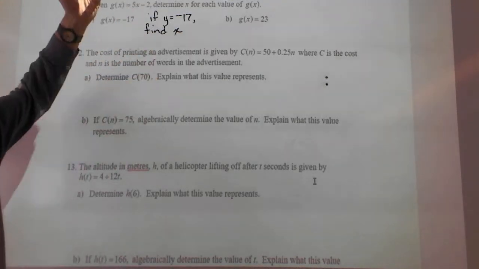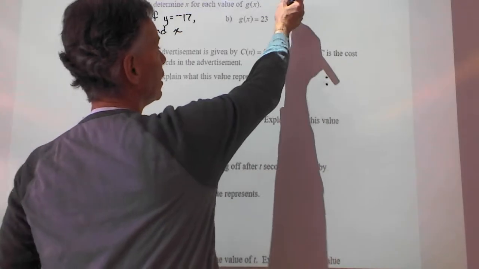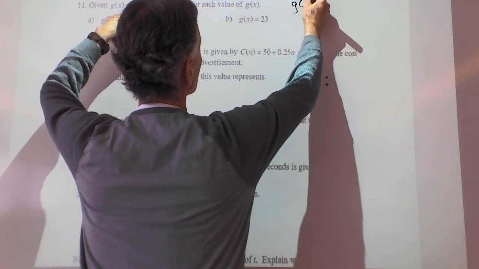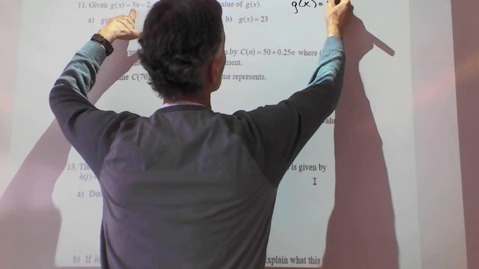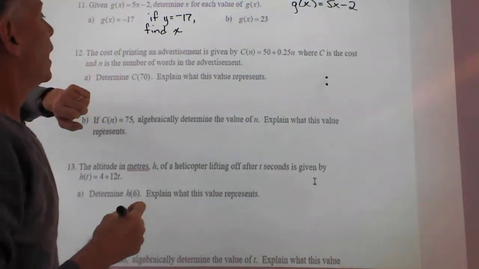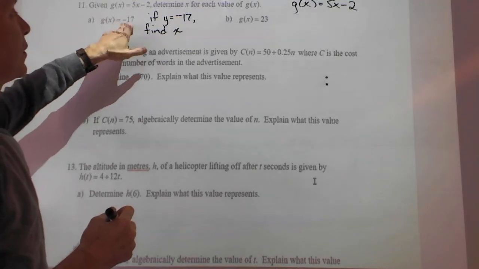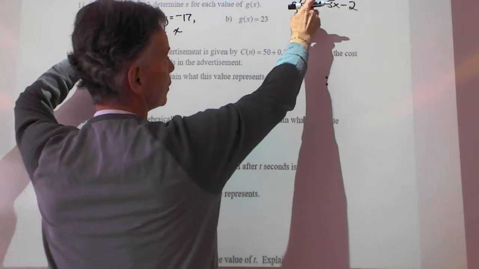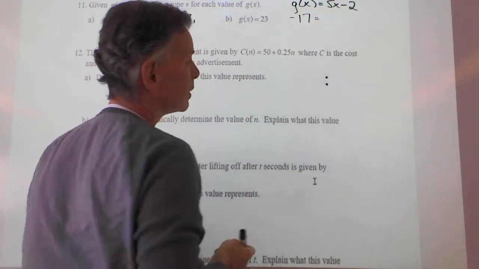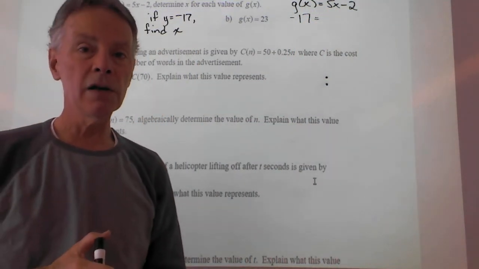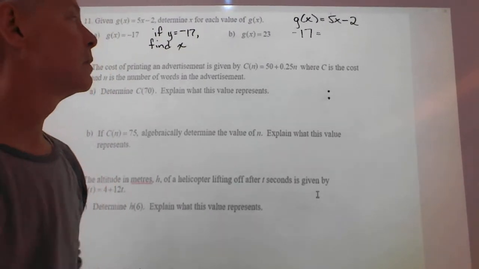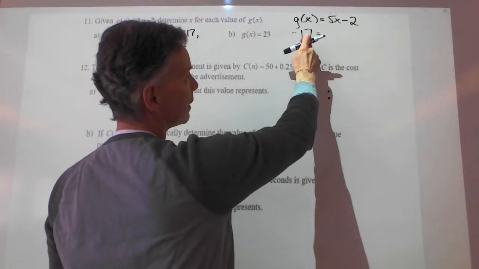Okay, so we'll do that over here. So what we have is g at x equals 5x minus 2. And we've been told that g at x equals negative 17. So where you see g at x, you're going to substitute negative 17.